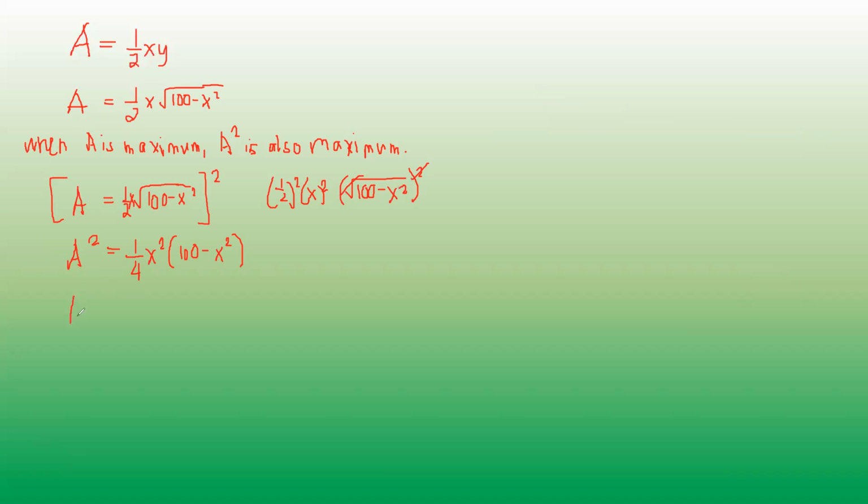so yung a squared ay magiging, multiply natin dito multiply ko doon. So yung 100 times 1/4 ay 25 x squared. Tapos minus 1/4 of x raised to 4.